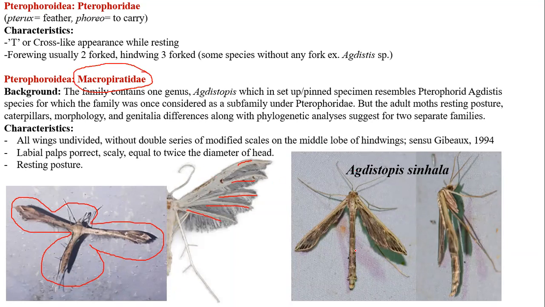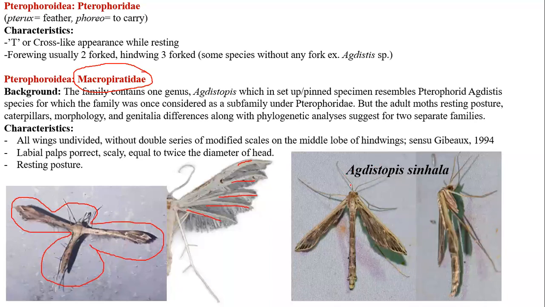You are seeing here that I am showing you a member of family Macropyridae, which is a very well-known species. I think this is the only representative of this family from India, and this is Agdistopis singhala, which is known from South India and Sri Lanka and North India as well.